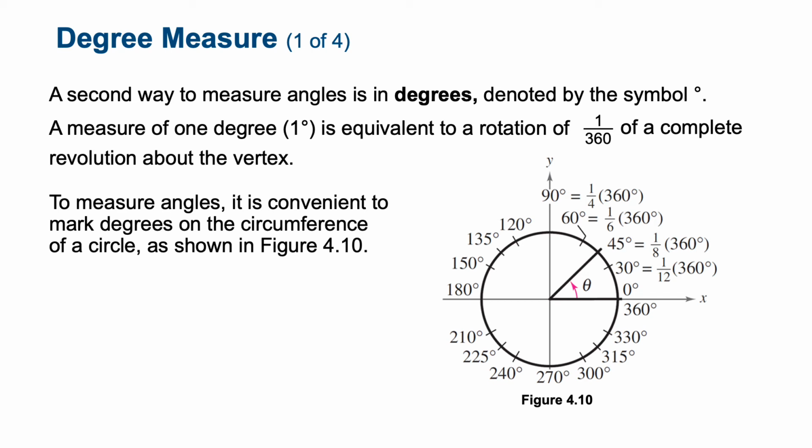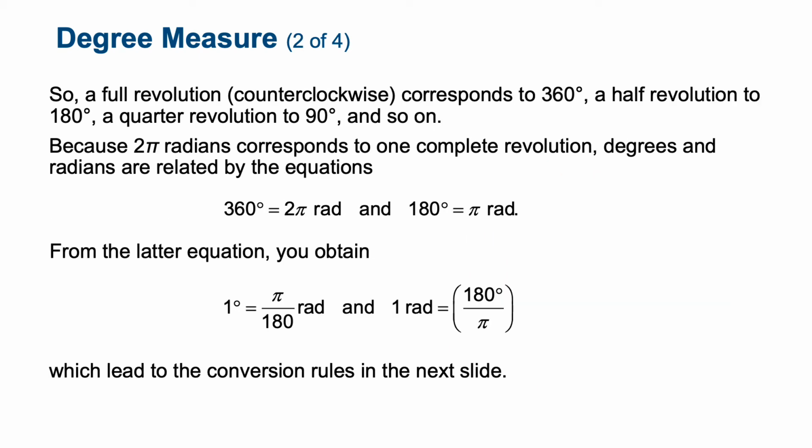Notice that 30 degrees is equal to 1/12 of 360, 45 degrees is equal to 1/8 of 360, and so on. A full revolution corresponds to 360, a half revolution to 180, a quarter to 90 degrees, and so on.